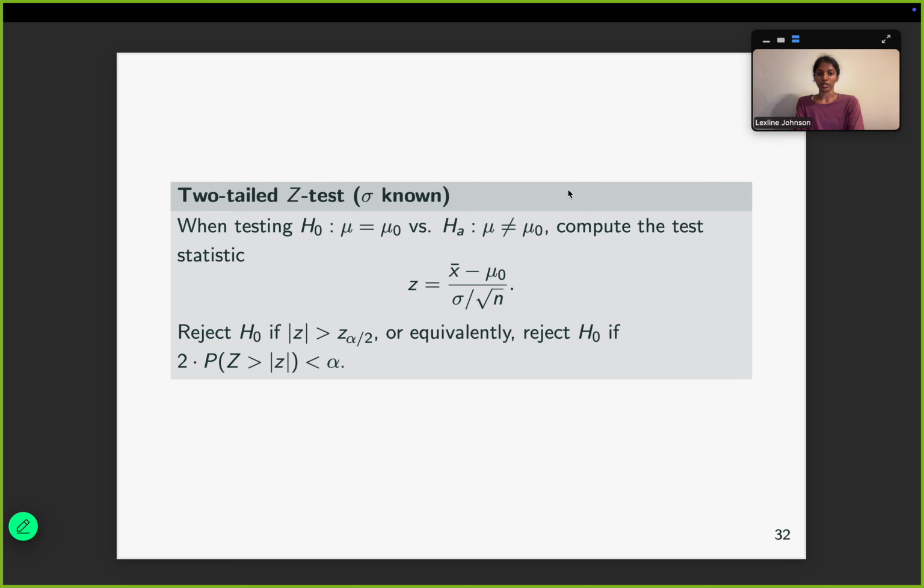So we can compute our test statistic, z equals the sample mean minus the value for what we think might be the mean, divided by the standard deviation divided by the square root of our sample size. We reject our null hypothesis if the absolute value of our test statistic is greater than z alpha divided by 2.